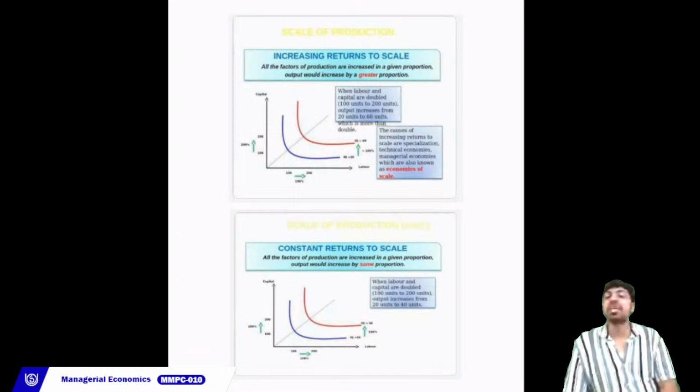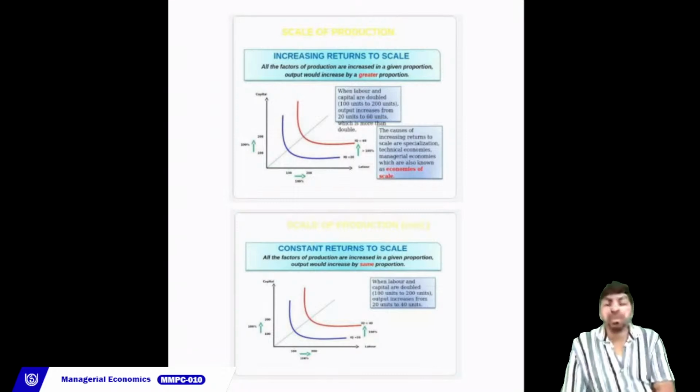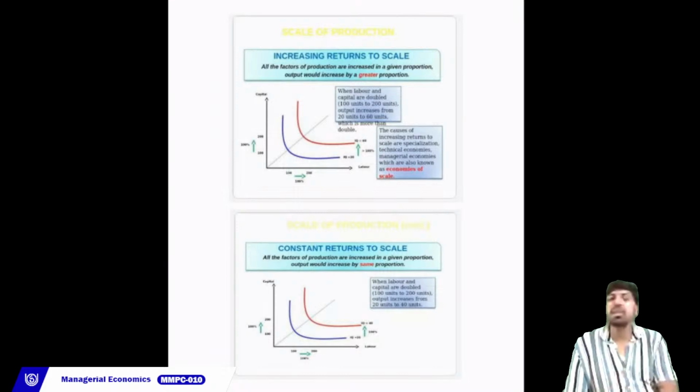When you see the diagram, the isoquant curve moves up, from 500 to 800 units or 600 to 1100 units. The lower blue isoquant curve moves to a higher isoquant curve because the level of output increases by a greater proportion. That's called increasing returns to scale.